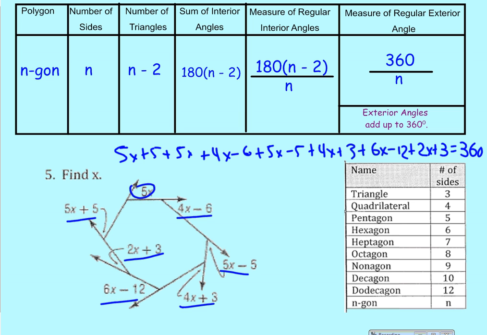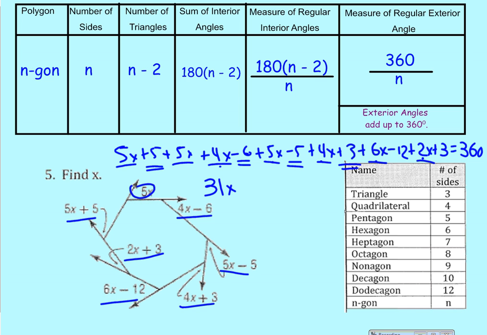All right, now that's a lot. Let's start putting some things together here. 5x, 5x, 4x, 5x, 4x, 6x, 2x. 5 is 10, 14, 19, 23, 29, 31x. 5 minus 6 is negative 1. Minus 5 is negative 6.